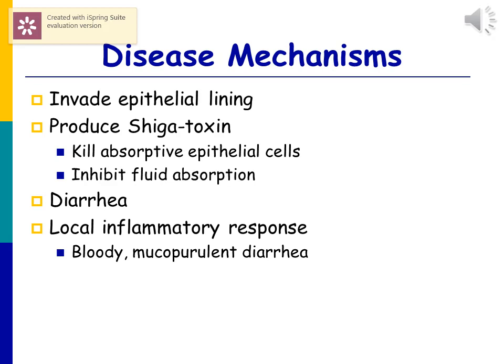So what happens with Shigella? You ingest it, it invades the epithelial lining of the intestines. It produces a potent toxin called Shiga toxin, which kills the epithelial cells and inhibits fluid absorption. It causes diarrhea, and it causes an inflammatory response, which then leads to blood and mucus in the stool, which is your dysentery.